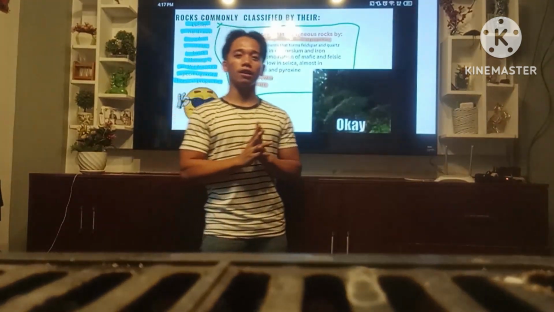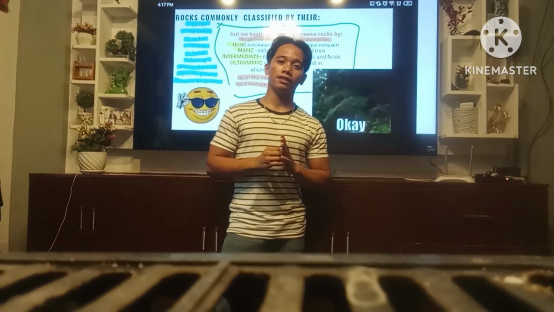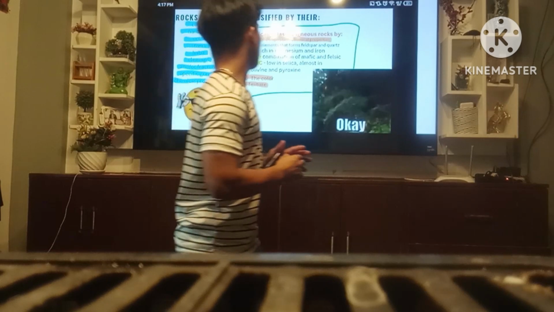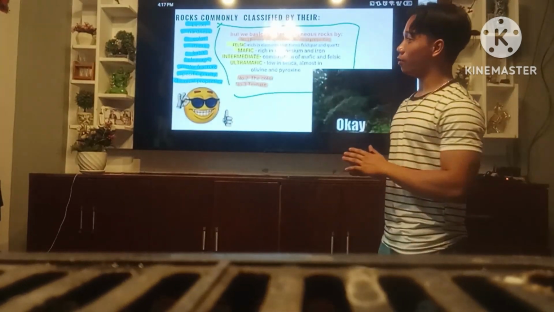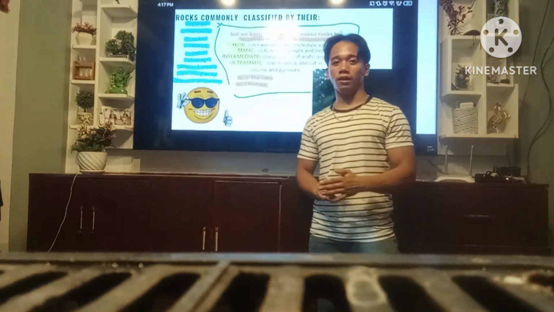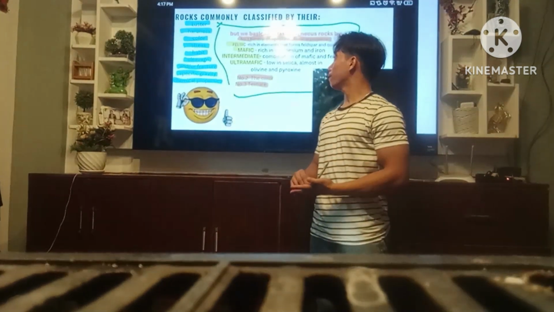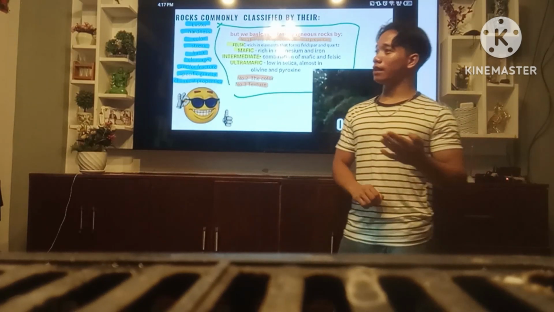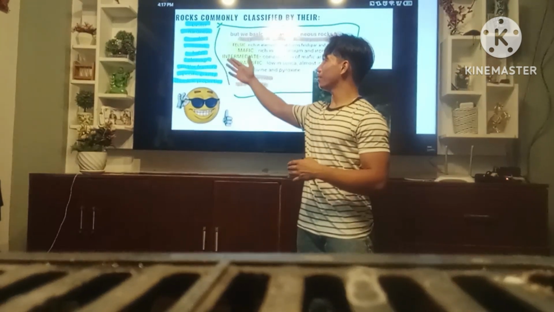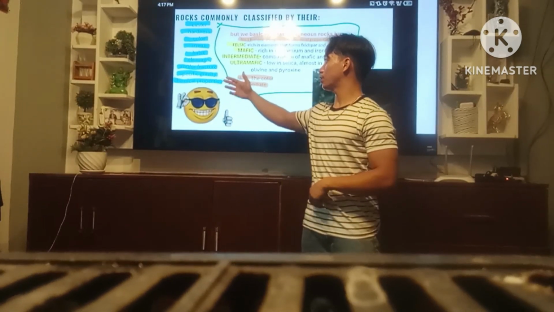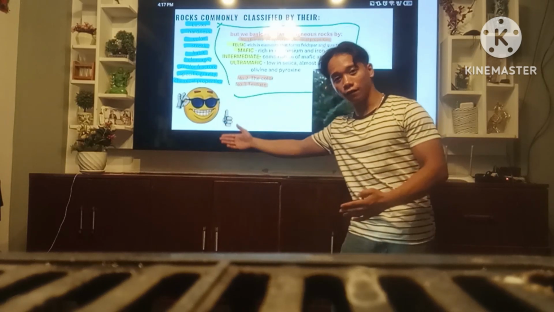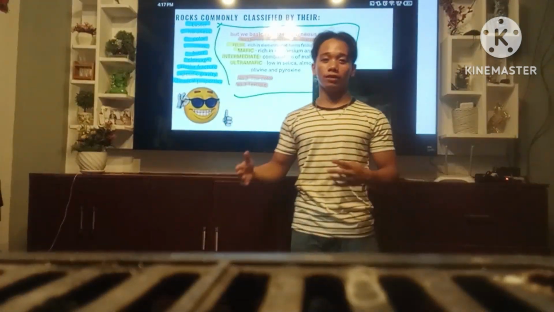So now we're talking about the characteristics of the intrusive and extrusive rock. Let's know what we're going to consider before we analyze it. Basically, we analyze the rocks based on their luster, hardness, color, strength, habit, cleavage or fracture, specific gravity, and chemical properties.